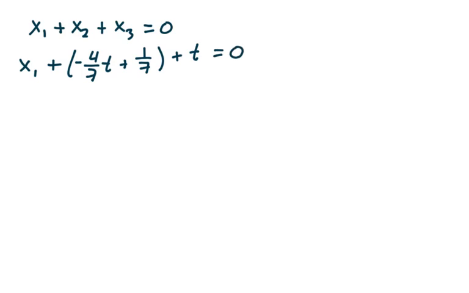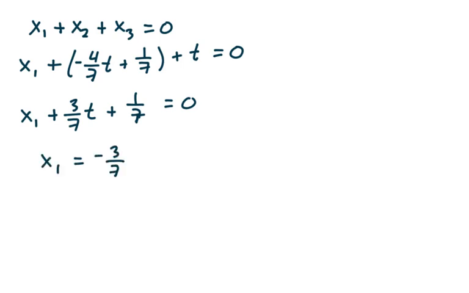So notice I'm expressing x1, x2, and x3 in terms of t. So x1 plus 3/7 t plus 1/7 equals 0. So x1 is negative 3/7 t minus 1/7. And so remember, t can be any real number.